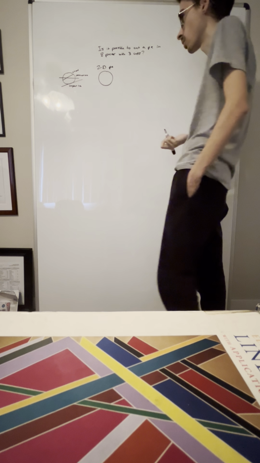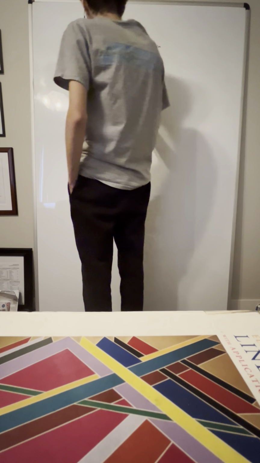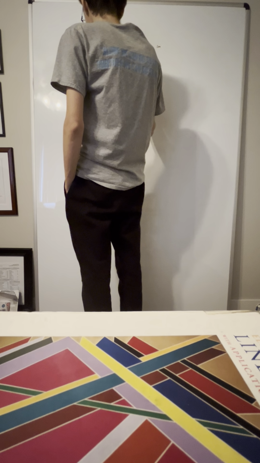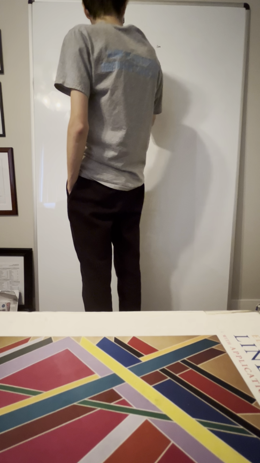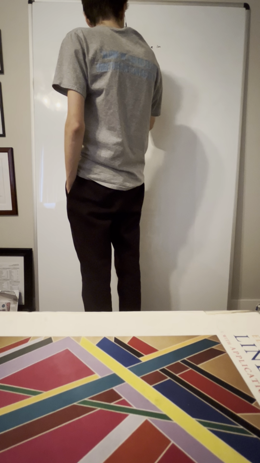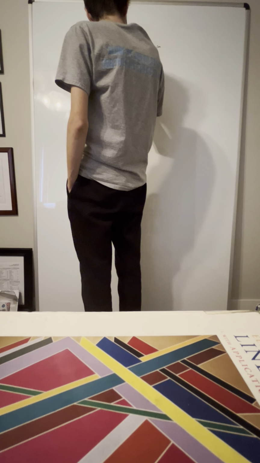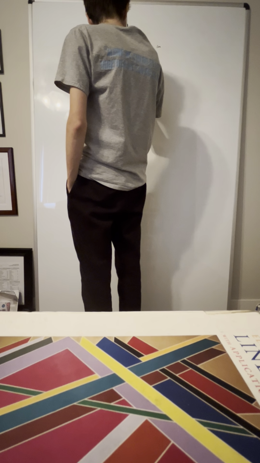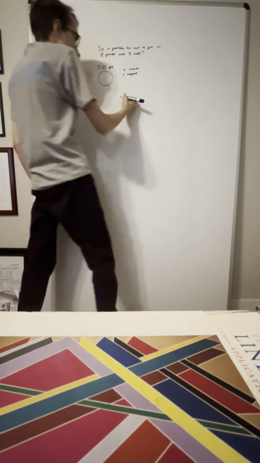So let's call each cut that we're going to make a chord, and let's say that we're making n cuts or n chords, and that's going to produce our regions inside the pie for us.